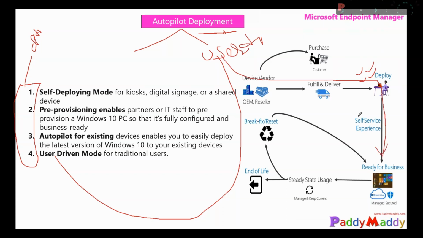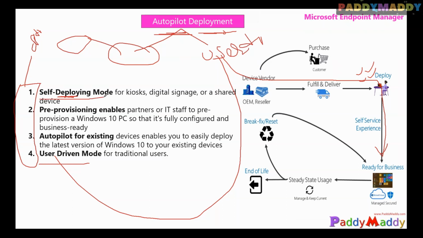The other option is self-deploying, meaning a kiosk device, where there will not be any user, so it deploys itself and the application gets launched. For a kiosk deployment, we rarely use this method. So if somebody asks what types of Autopilot options there are, it's just the user-driven and the self-deploying mode.